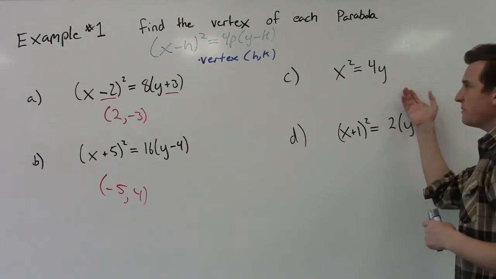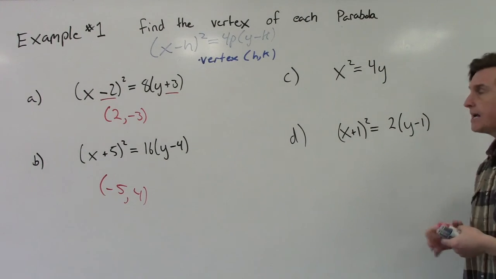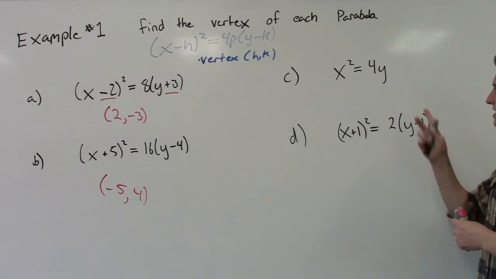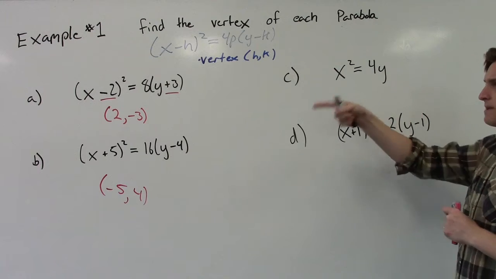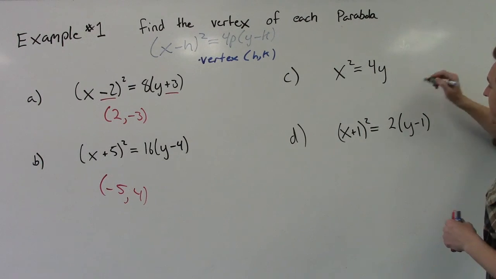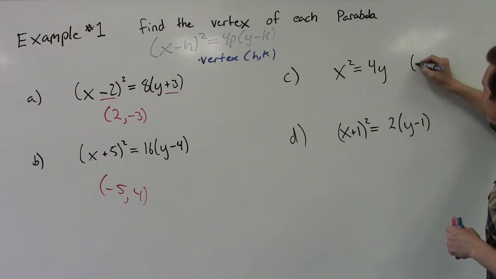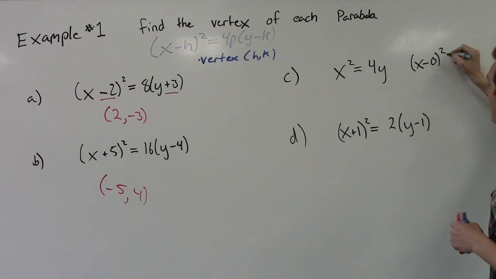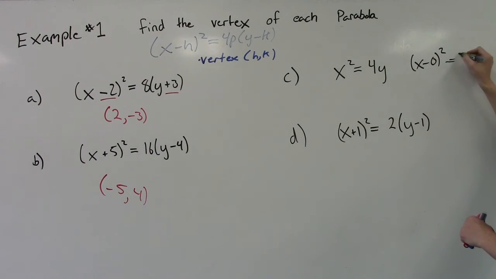And this one looks a little bit different because I don't have parentheses on either side. So this is actually even more basic than these. It looks harder, but what we actually have, if we wanted to, we could add an (x - 0)^2 and then a 4 times (y - 0).